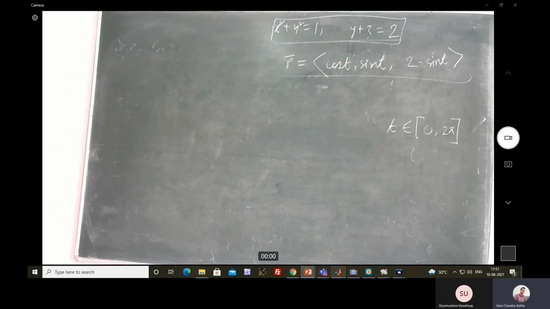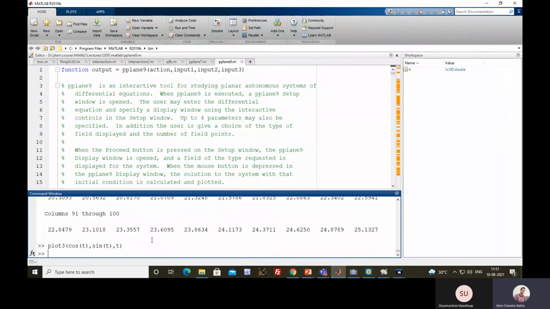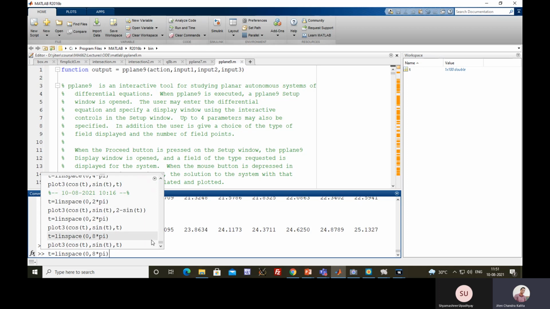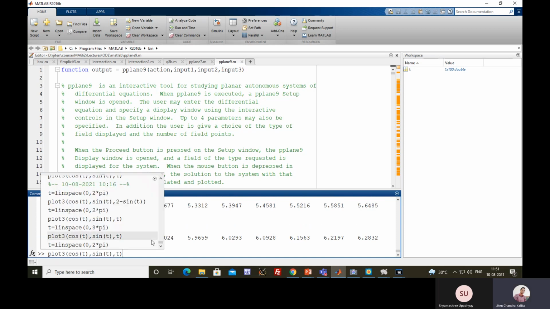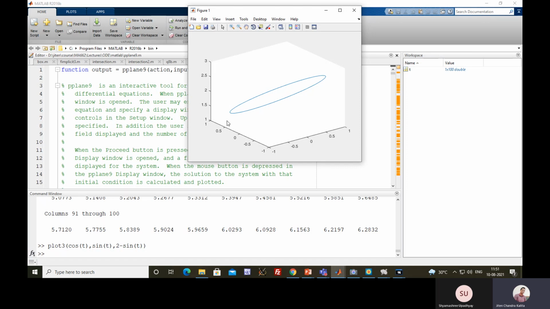So let me come back to MATLAB again and let me try to work that out. Say again, let me set the range of this. And now this is my parametrization: cos t, sin t, 2 minus sin t. So then you see that yeah, I'm going to get an image.